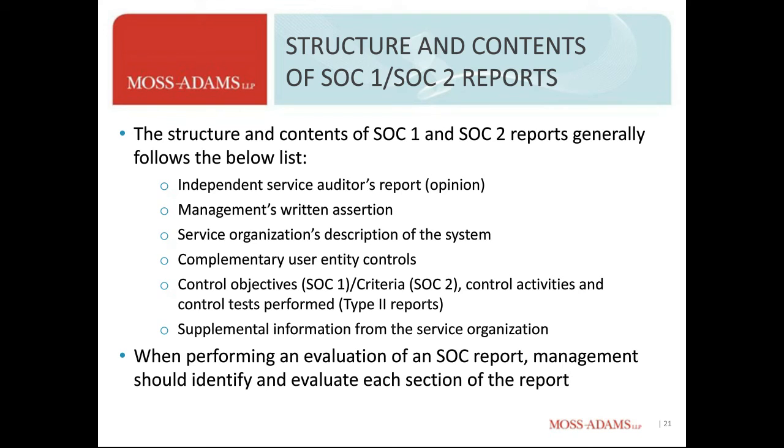They may also include supplemental information from the service organization. The key thing to remember here is that when we're performing an evaluation of a SOC report, we should identify and evaluate each section of this report.